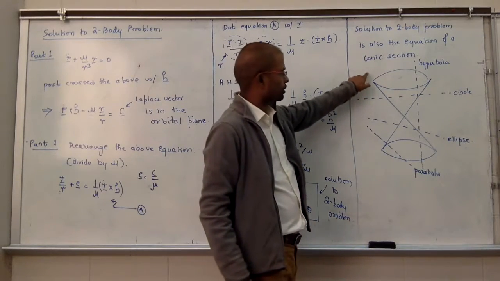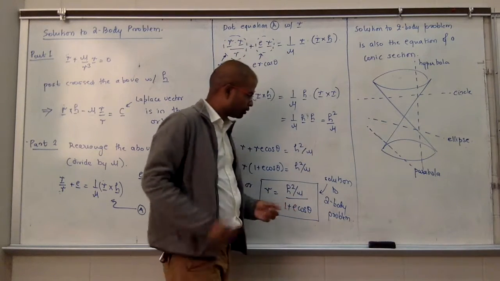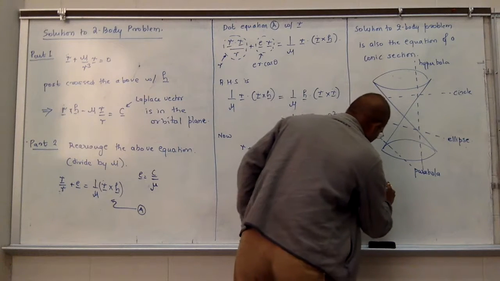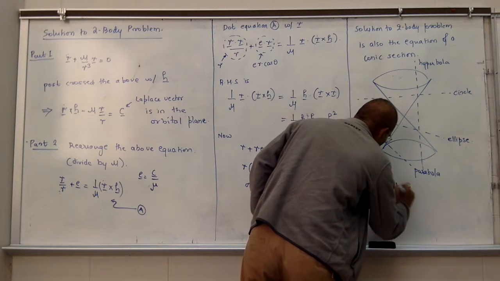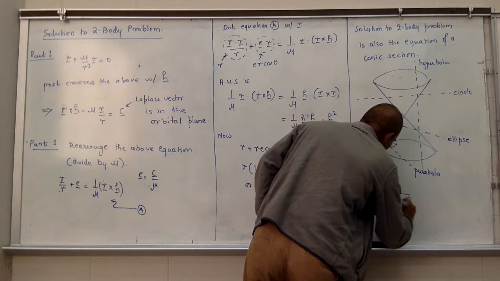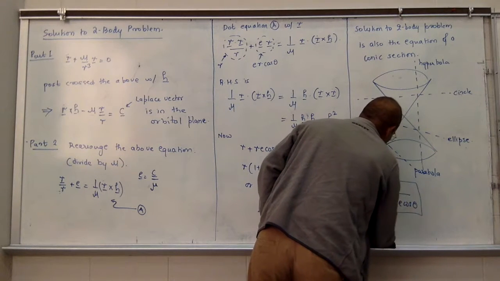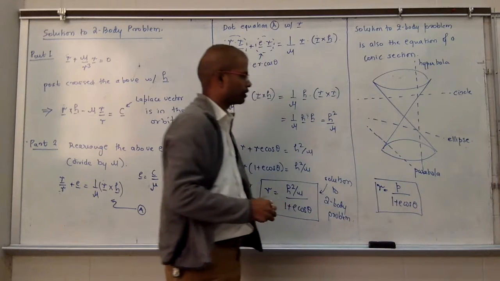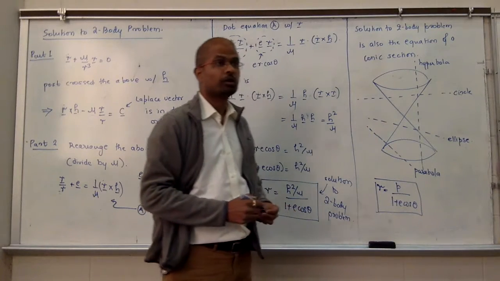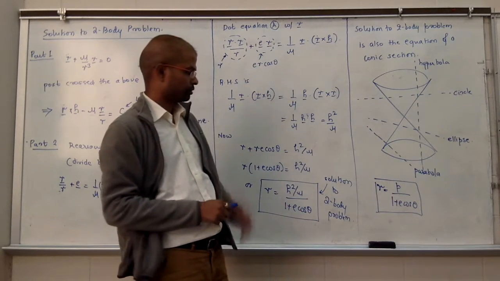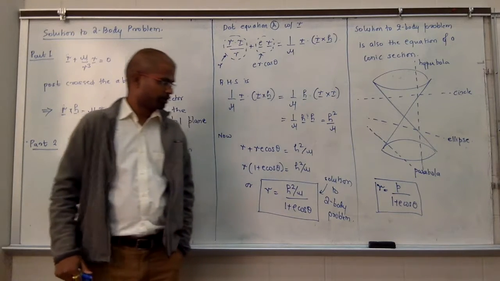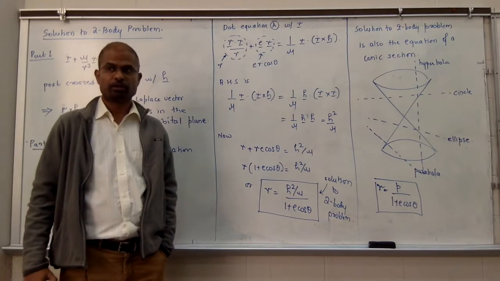The equation of a conic section is generally this: R is equal to P over 1 plus E cosine theta. This is the equation of a conic section. That P is generally called the parameter.